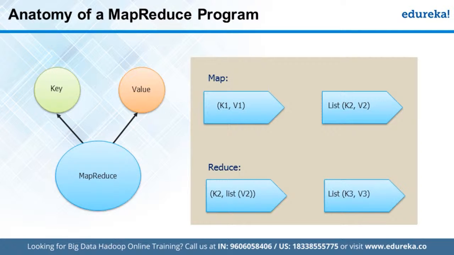Ideally speaking, by architecture principle, you should not shuffle and sort the data, but practically it's not true. You need to sort the data, you need to shuffle the data because data are lying in different nodes and you have to pull the data. Pulling the data means you have to shuffle the data.